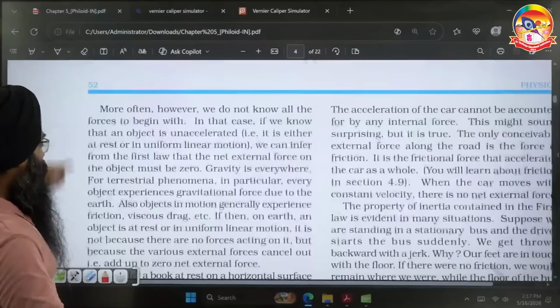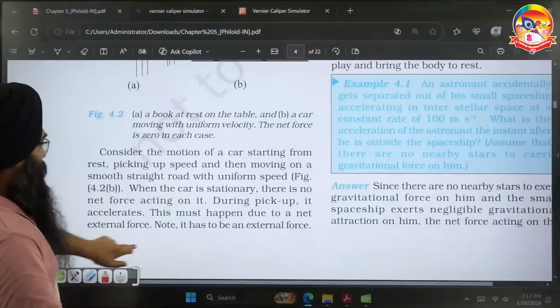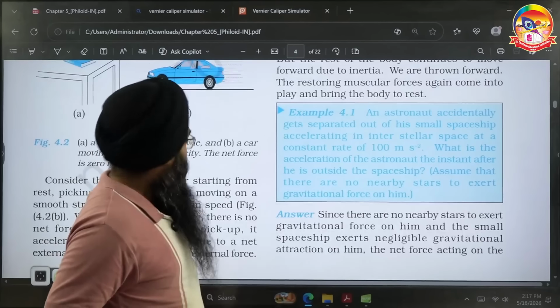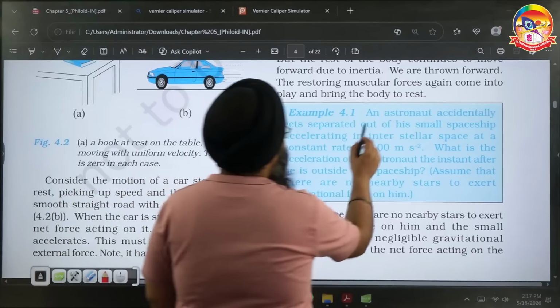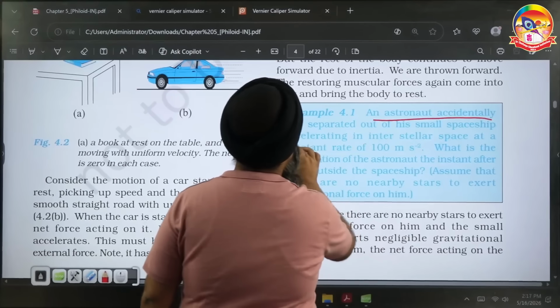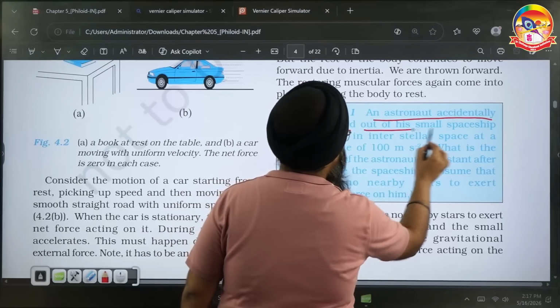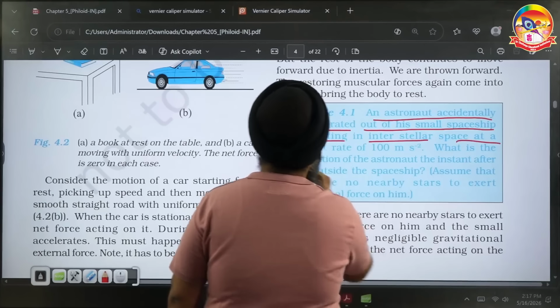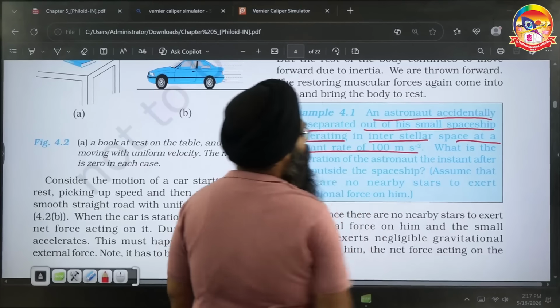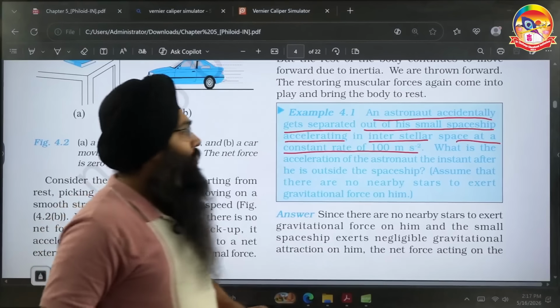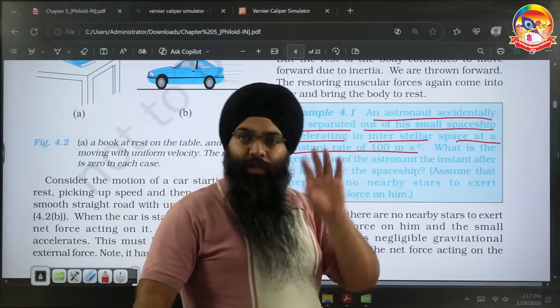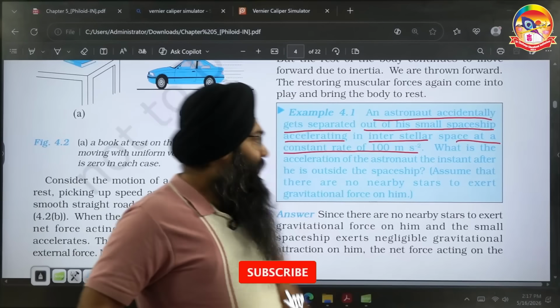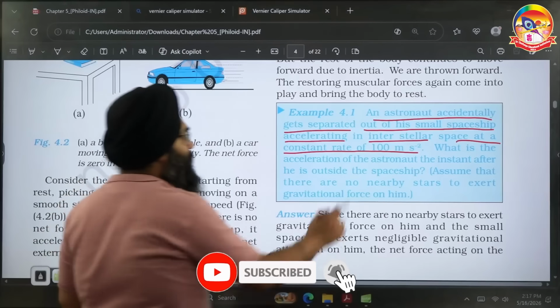Now let us come to the next concept. Chalo, let's take this example. They are saying an astronaut accidentally gets separated out of his small spaceship accelerating in interstellar space at a constant rate of 100 meter per second square. So there was a spaceship in space and there was an astronaut in it. He accidentally gets separated from the spaceship.